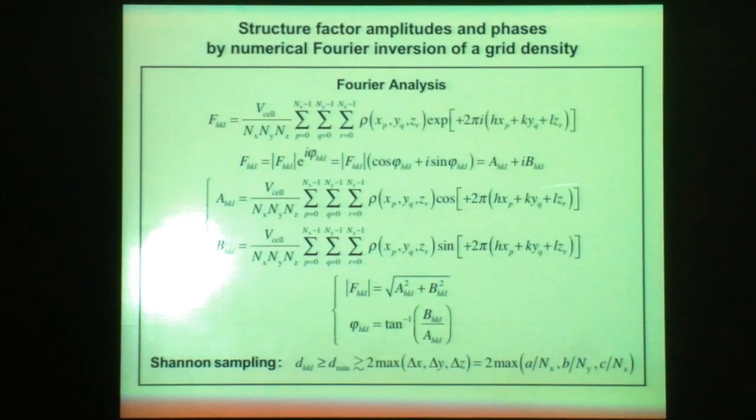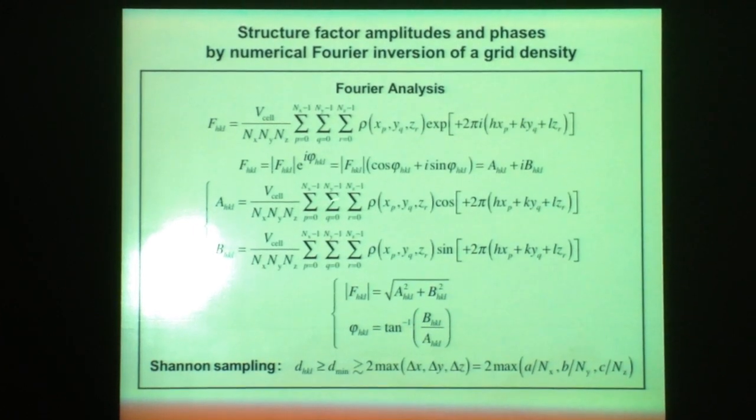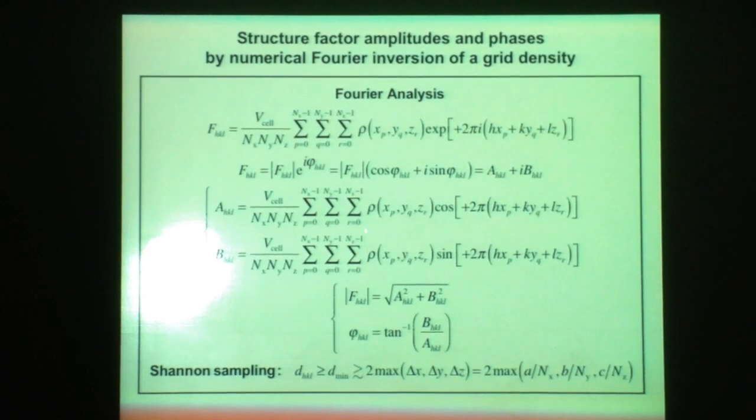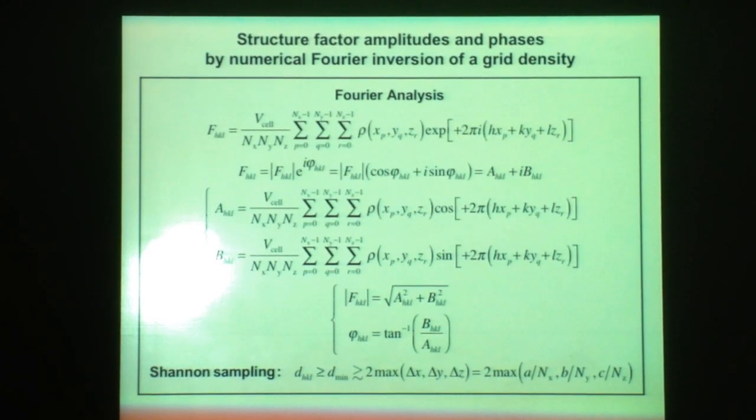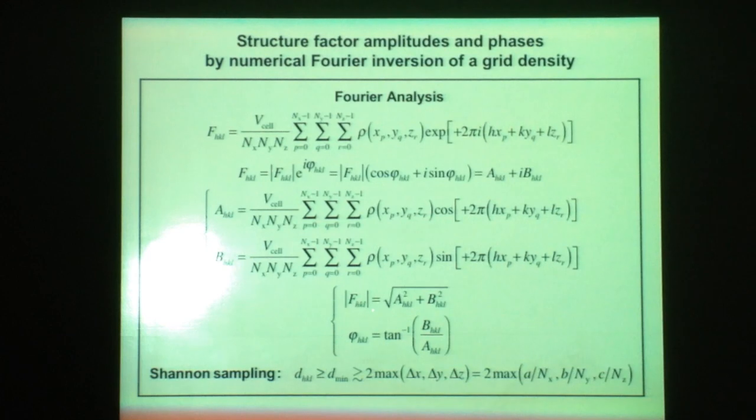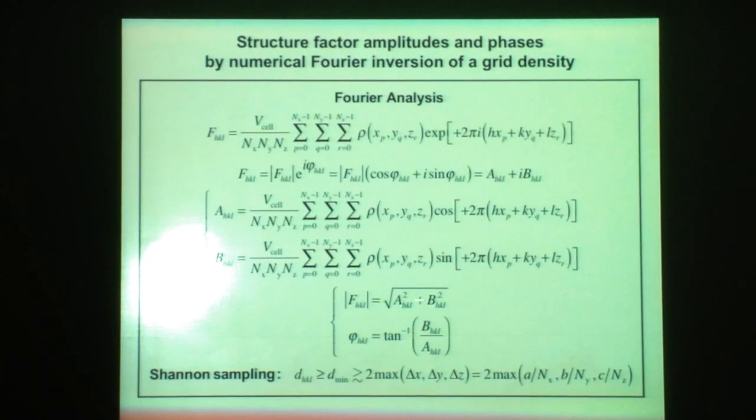So we compute first the real part as a three-dimensional sum over these grid points, and then similarly the imaginary coefficient B as a three-dimensional sum. We can combine those to get the amplitude by saying that the amplitude is the square root of the sum of the squares of the real and imaginary coefficients, and the phase corresponding is the arctangent of the ratio of the imaginary part to the real part.